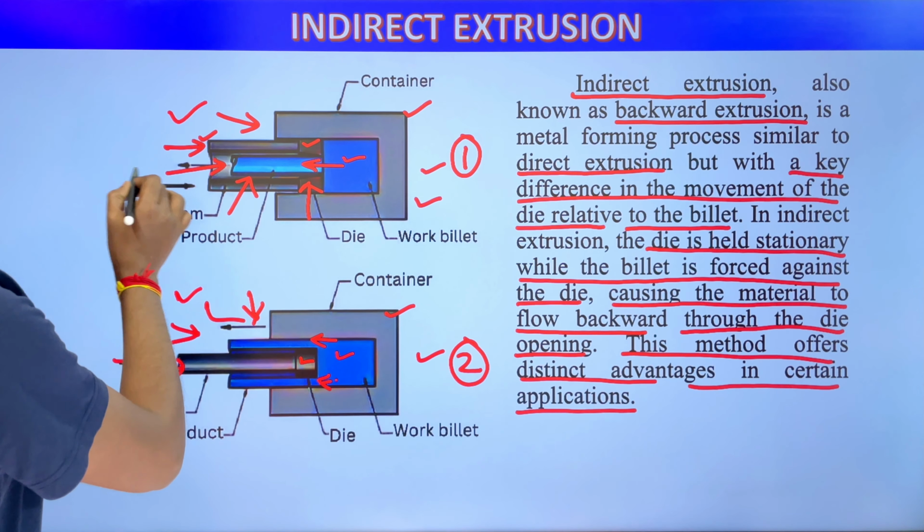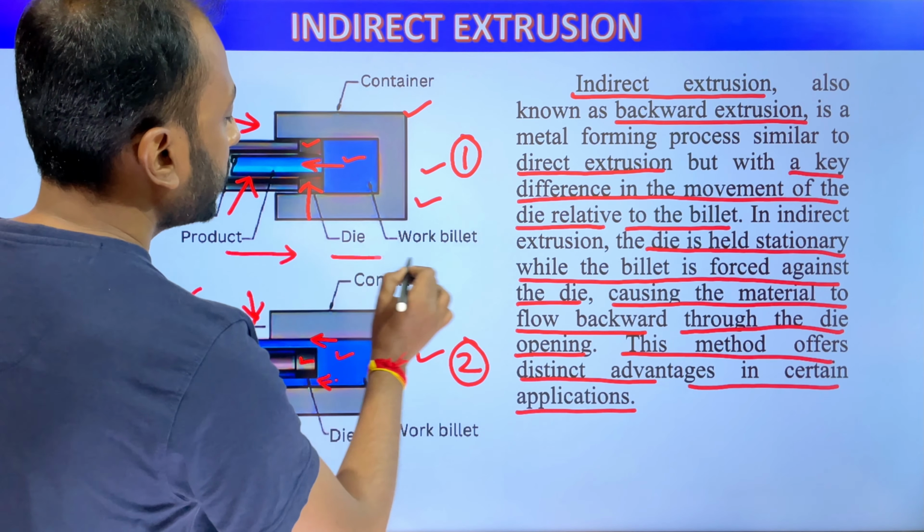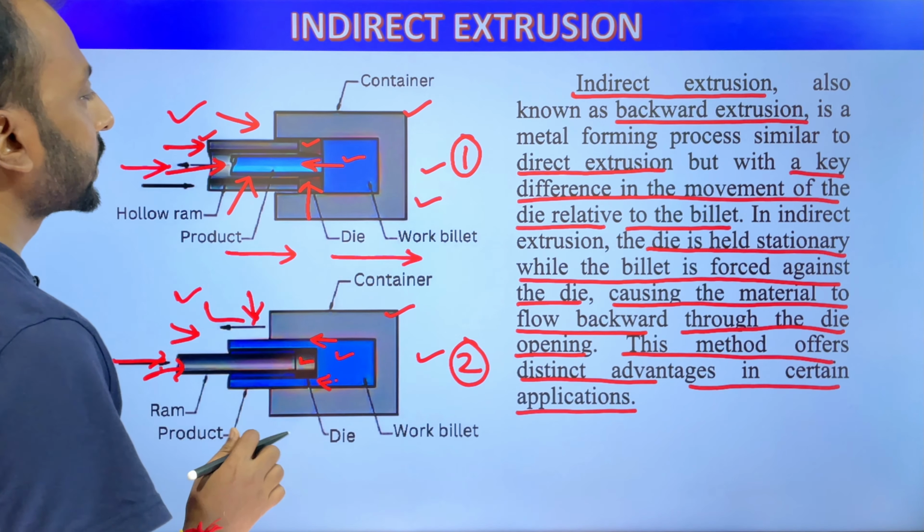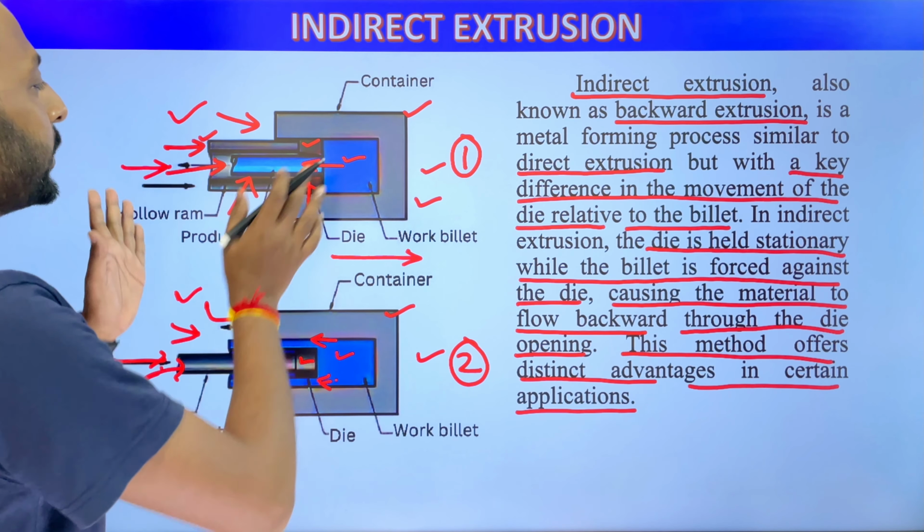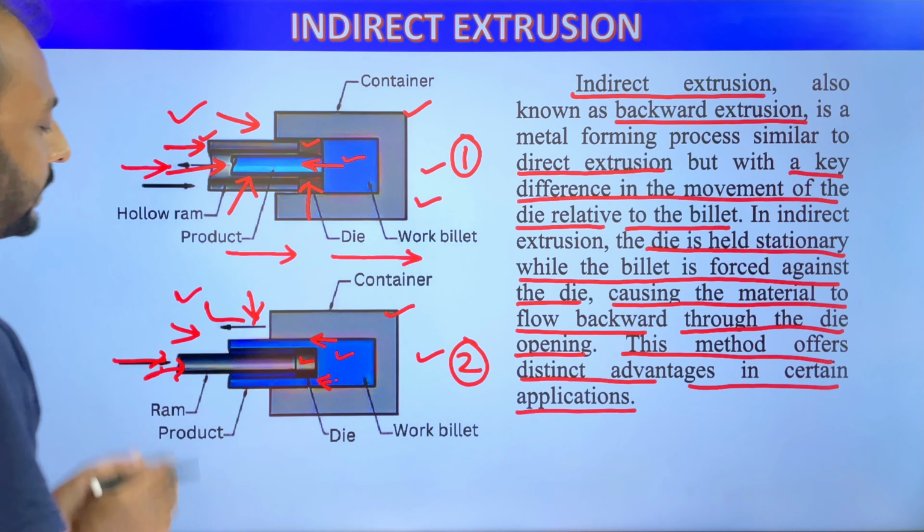In forward extrusion, we have seen that when we apply force from left to right, the material flow was also left to right, in the same direction. But in this case, a special arrangement is needed. We are applying force from left to right and the metal flow is going from right to left, opposite to each other.